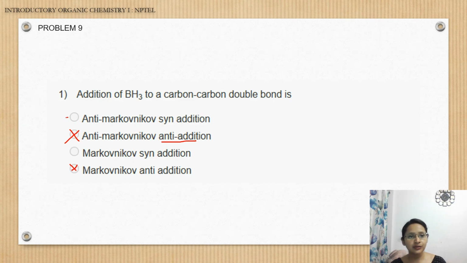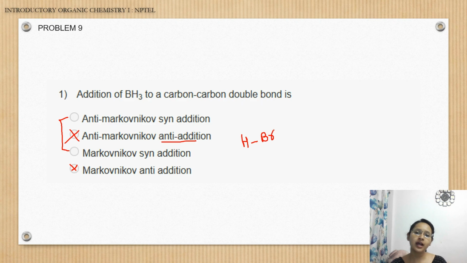So among these two, you have to figure it out. Is it anti-Markovnikov or Markovnikov? The Markovnikov rule I have previously discussed suggests that the negative part of the addendum should add to that carbon of the alkene which is bearing fewer hydrogens.